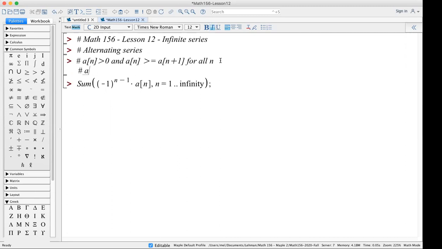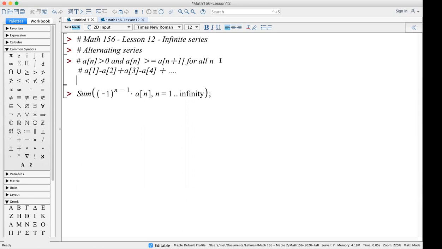So our series looks like a1 minus a2 plus a3 minus a4 plus, and so on. That's so they're alternating in sign. This is an alternating series. It's an infinite series.